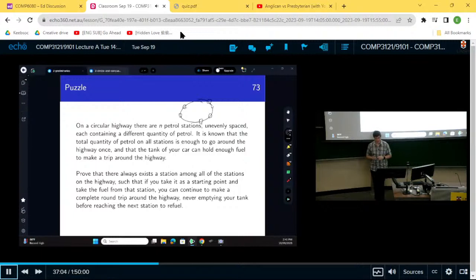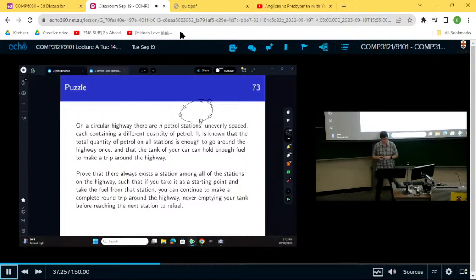And what we know is that the quantity of petrol on all stations taken together is enough for our car to go around the highway once. Your tank is of unlimited size, so it can fit as much petrol as needed to go around the whole highway.